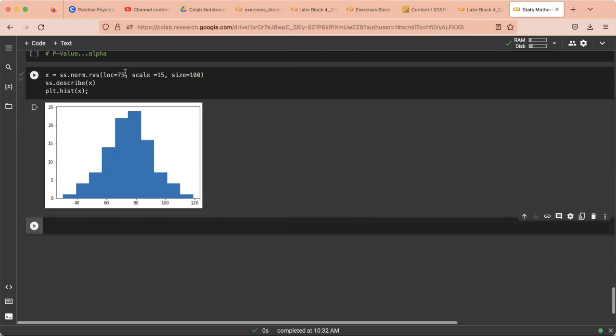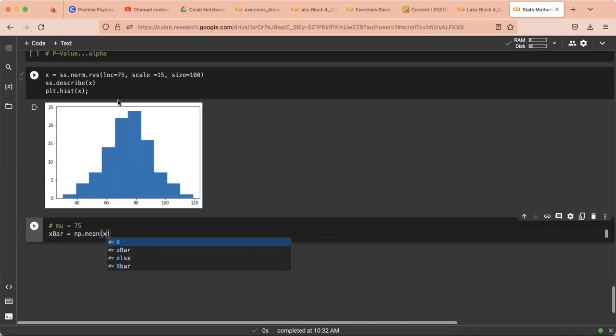So this is a sample. This thing here, you took a sample. So your mu, your population mean, would be 75. And your sample mean, your x bar, would be np.mean of x.